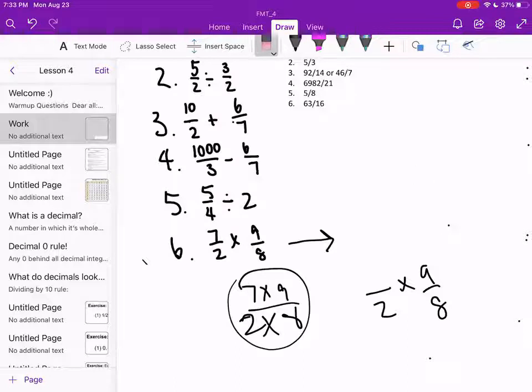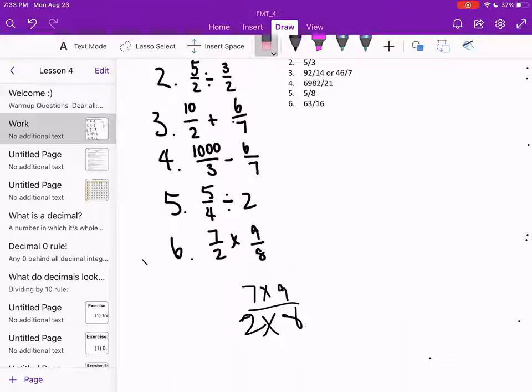Well, of course you got to figure out what it equals, right? But how do I find out what it equals? You can't have a fraction where you have x's in the middle, right? That doesn't look right. Correct. 7 times 9 equals 63. Okay. And 2 times 8 equals 16. There you go. Good job.